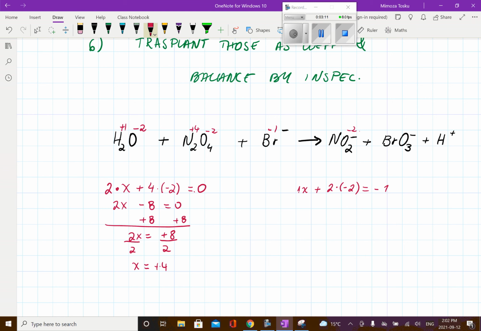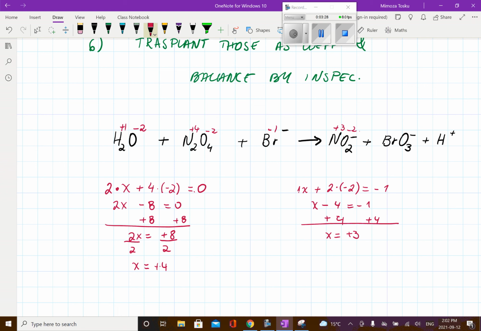So x minus 4 is equal to -1. Add 4 to both sides, then x is equal to +3. So this will be +3.